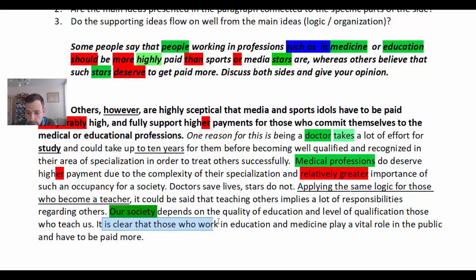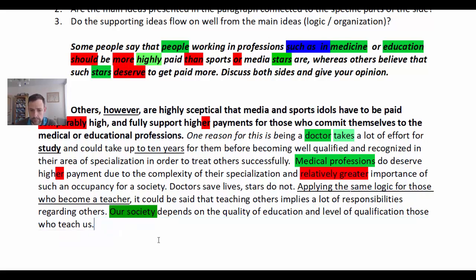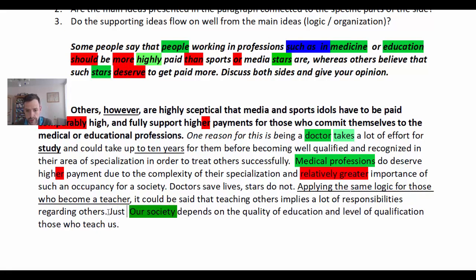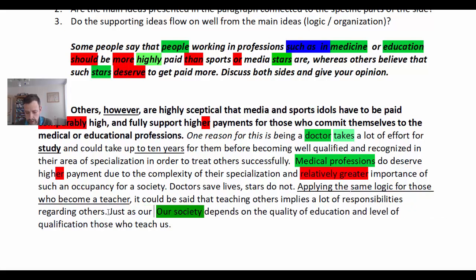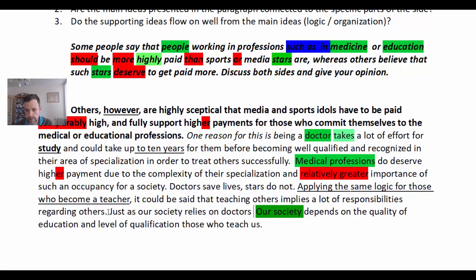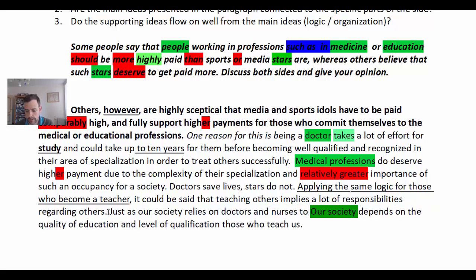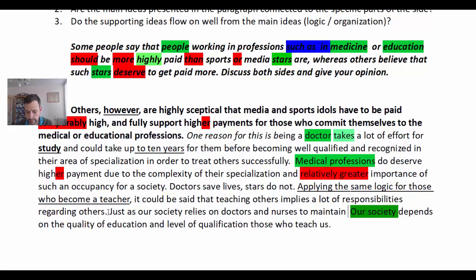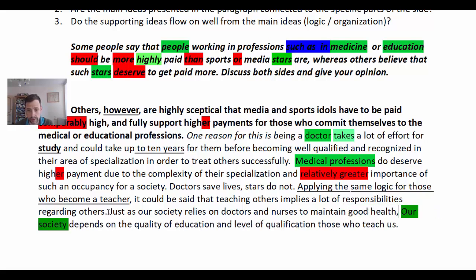This is good. It is clear that those who work in education and medicine play a vital role in the public and have to be paid more. So again, the summary sentence. I think instead of having a summary sentence, you can combine the last point with the doctor point. So just as our society relies on doctors and nurses to maintain good health, something like that.